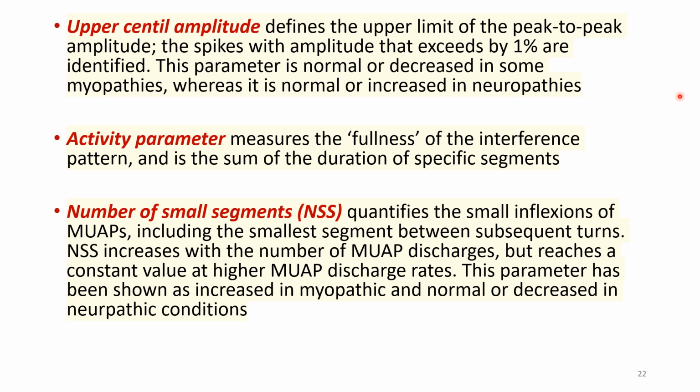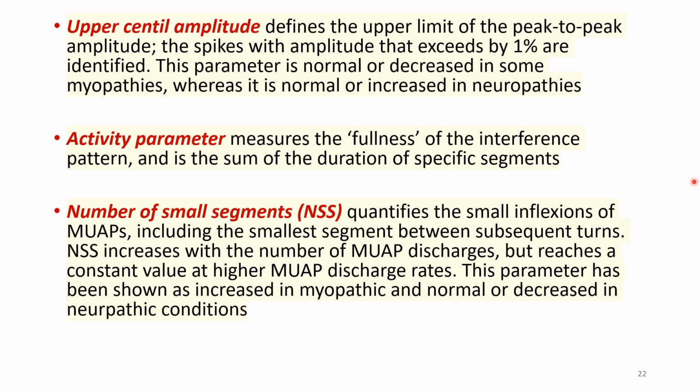This parameter is normal or decreased in some myopathies, whereas it is normal or increased in a neuropathy. So, if the upper centile amplitude is decreased, it is definitely myopathy, and this upper centile amplitude is increased in neuropathy.